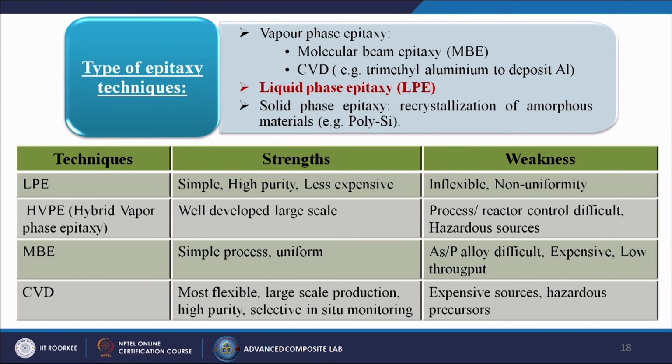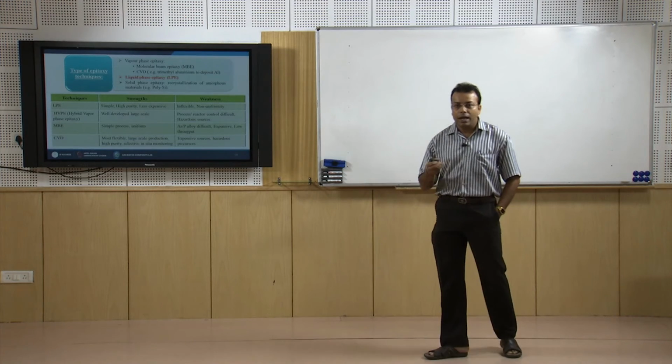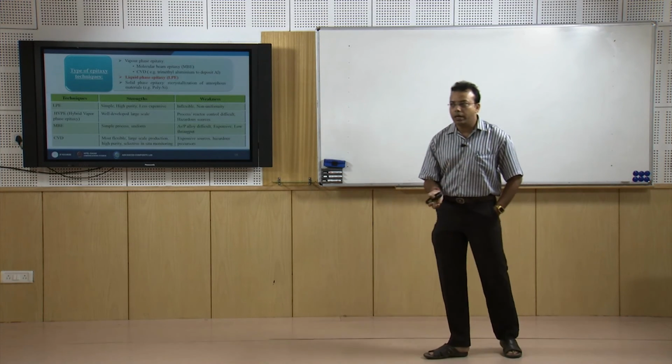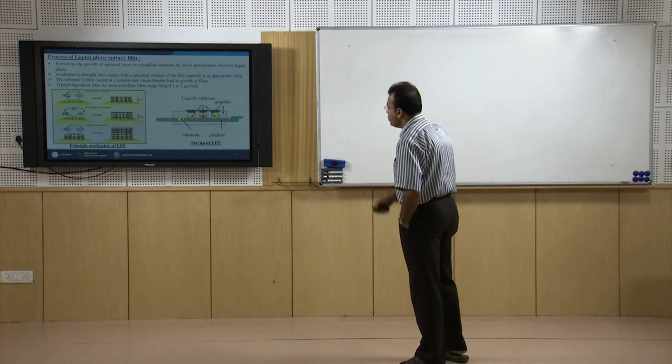MBE, molecular beam epitaxy: strength is simple, uniform process; weakness, alloys with arsenic or phosphorus are difficult, expensive, low throughput. Chemical vapor deposition: most flexible, large scale production, high purity, selective, in situ monitoring; expensive sources and hazardous precursors. So, these are the advantages and disadvantages of the different techniques.